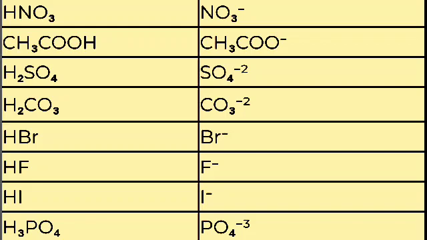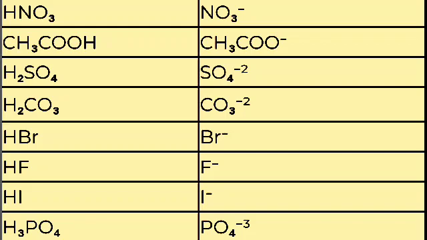Similarly, in the case of sulfuric acid, H2SO4, when we remove hydrogen ion, sulfate ion is formed. It has SO4 minus 2 charge and it is also an acidic radical. Carbonic acid, when hydrogen is removed, gives carbonate ion.